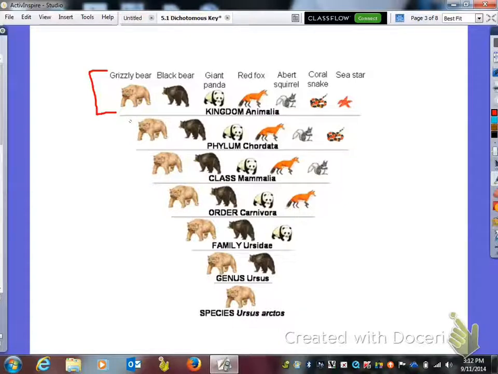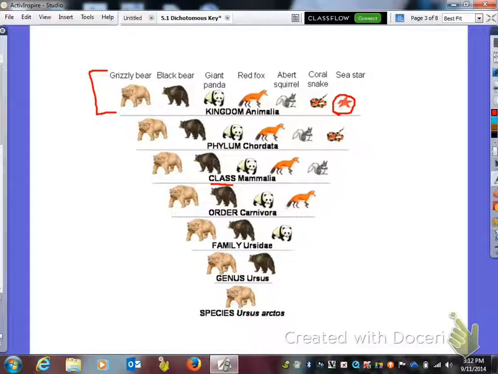Now the next thing is after you go underneath kingdom. If you noticed, we got rid of the starfish here, and we went on down and we're looking at the phylum Chordata, and Chordata means that they have a spinal cord. A starfish doesn't have a spinal cord, so it's not similar to these animals anymore, so we ditched it. Then the next one is class Mammalia, which means they're a mammal.